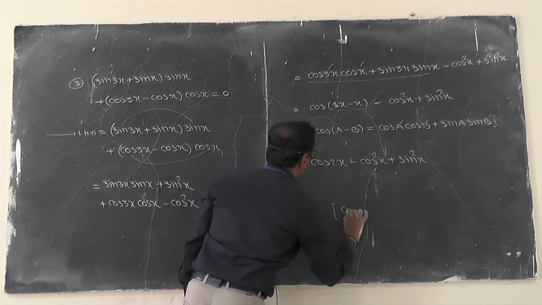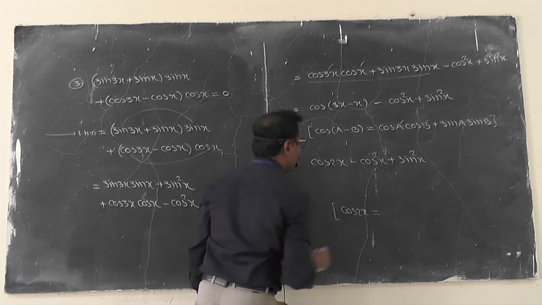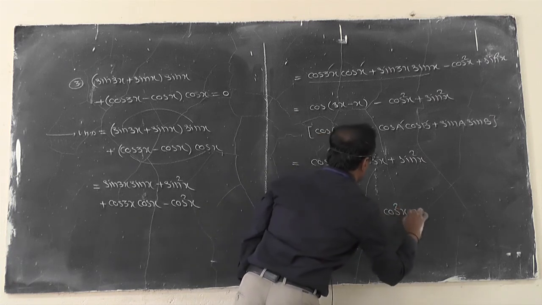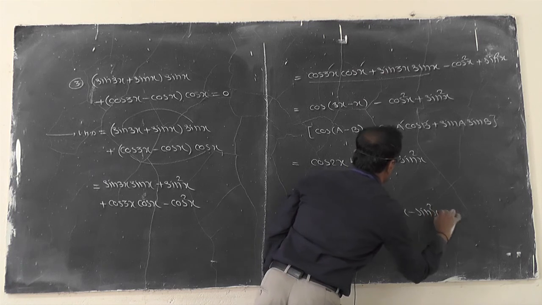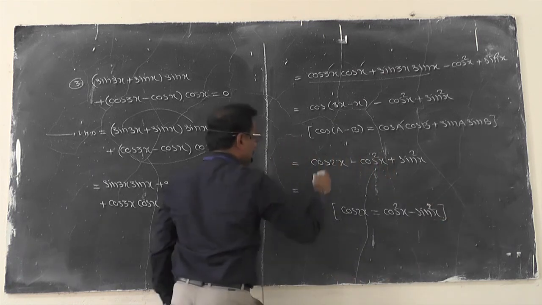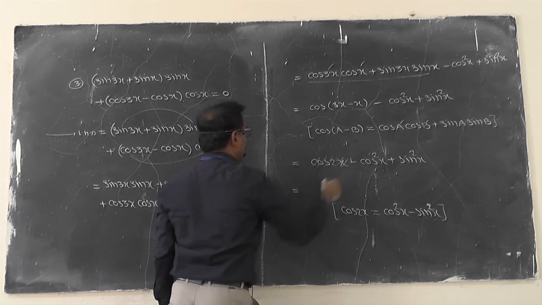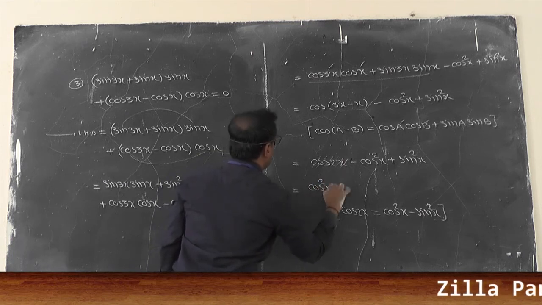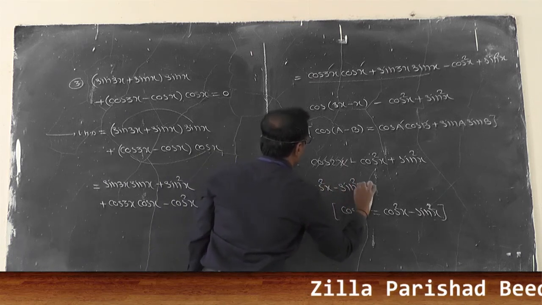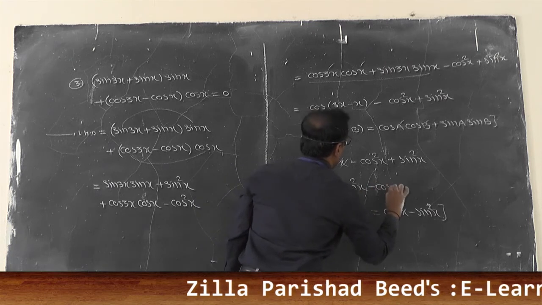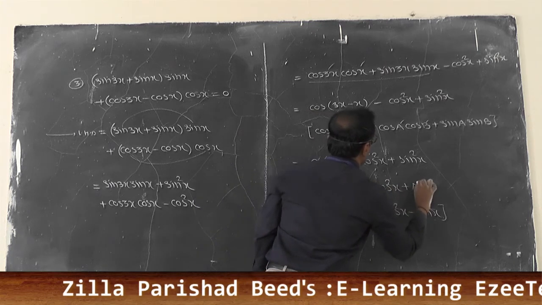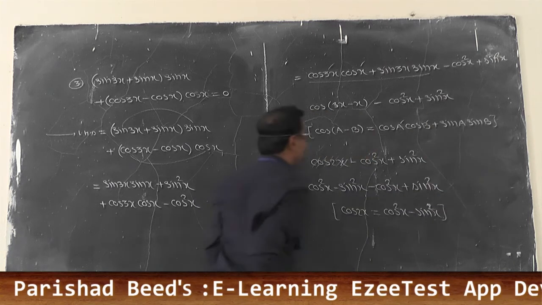All students, I think you know the original formula for cos 2x: cos square x minus sin square x. So cos 2x is replaced by cos square x minus sin square x, and the rest is as it is, minus cos square x plus sin square x.